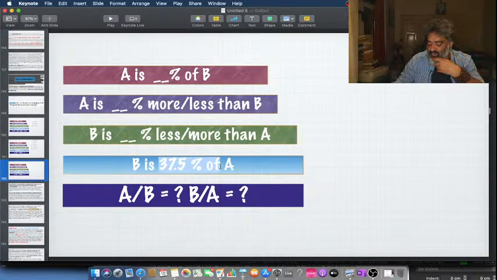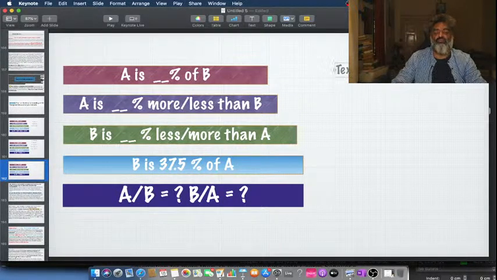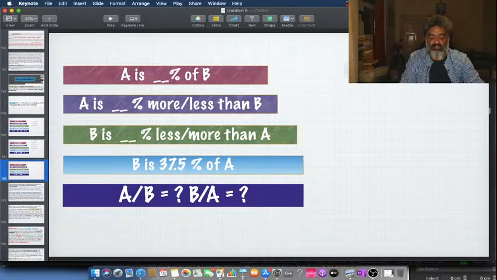Sritam says A by B is equal to 8 by 3, B by A is equal to 3 by 8. Pratik says A is 166% more than B. So I think between everybody's answer, everybody got everything right. But because I have anal teacher syndrome, let me cover everything. I started off with B is equal to 37.5%.